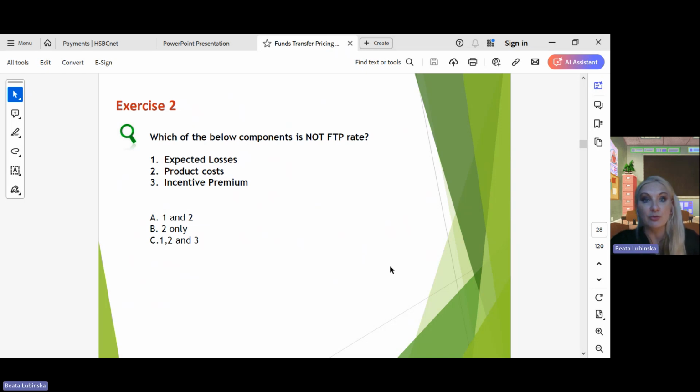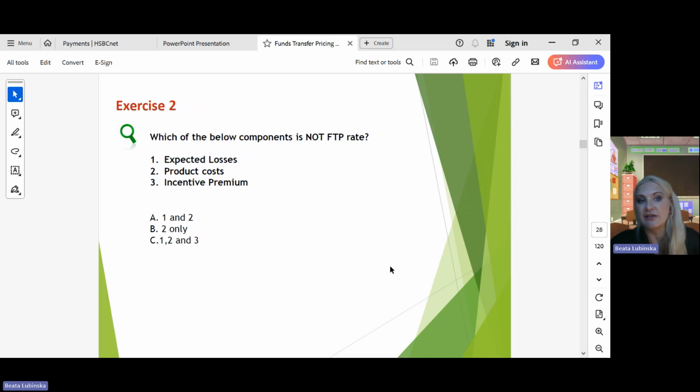And now the question is, what is not an FTP rate? Number 1, expected losses. Number 2, product costs. Number 3, incentive premium. And the potential answers to this question are A, B, and C.